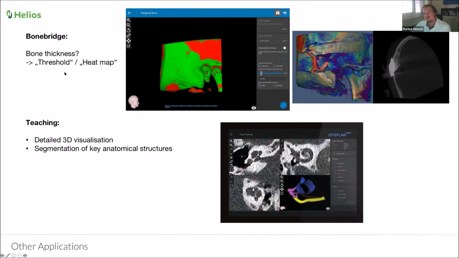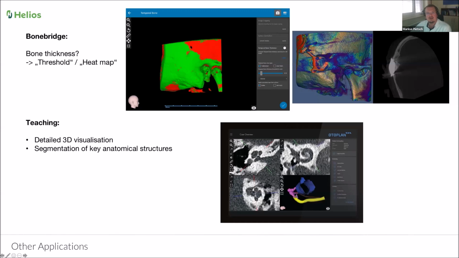And here are just 2 add-ons. With AutoPlan, you can also measure the bone thickness, which is important, for example, for the bone bridge. You can set, for example, a threshold for the bone thickness, and it will show you where this threshold value is possible.